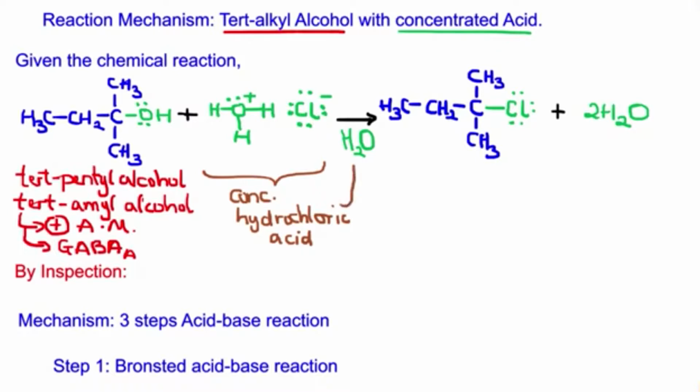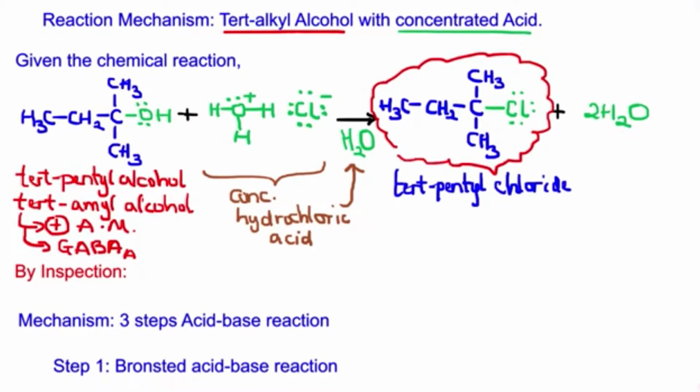So this reaction in the presence of water, you notice, leads to the formation of a tetrapentyl chloride, which is actually insoluble in water. As a result, this separates out from the aqueous phase into a more organic phase, and this is then distilled to purify.